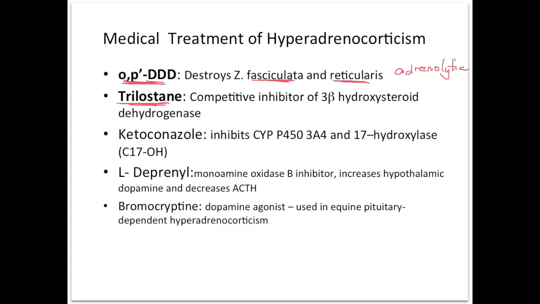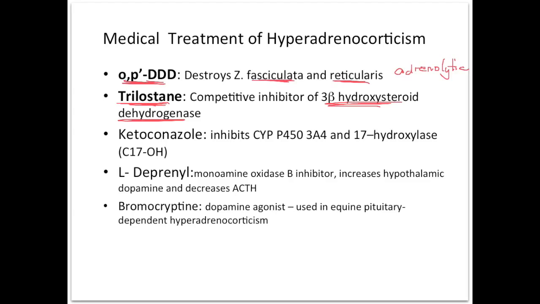Trilostane is a competitive inhibitor of an important enzyme for the production of both glucocorticoids and mineralocorticoids, and that enzyme is 3-beta-hydroxysteroid dehydrogenase. Because it's competitive, it means it's reversible, and it also means it's not destroying the actual tissue. It's simply inhibiting an enzyme.